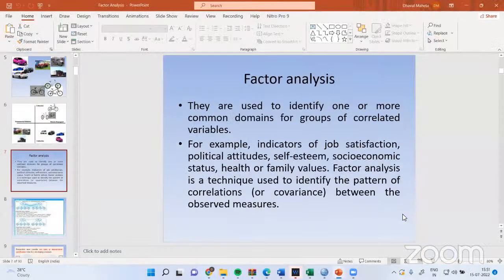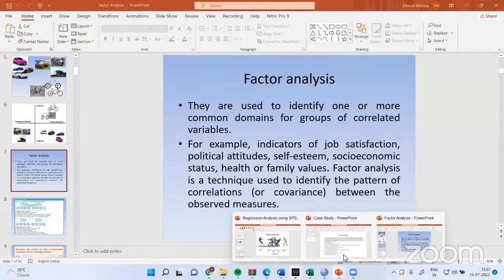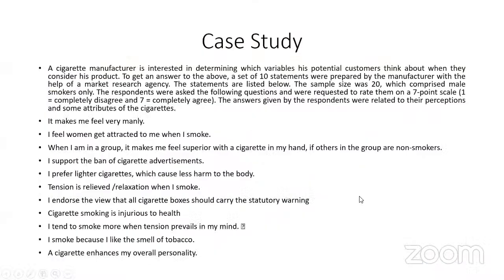Okay. So I have given you one data set. Is the data set available to you? Just confirm. Yes, sir. Okay. So this is a very famous case study which is available in the book Marketing Research by Nargundkar.